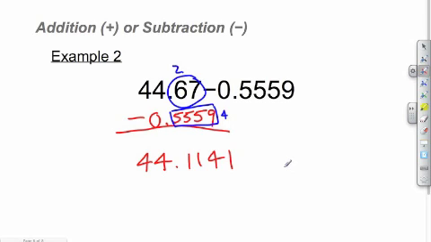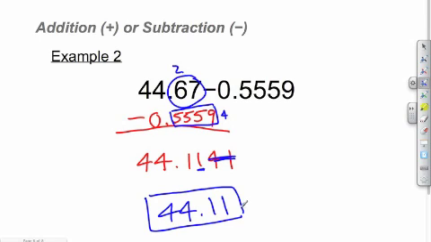Now remember, this answer can only have 2 places after the decimal according to our rule for addition and subtraction. So the second place after the decimal is right there. I look at this 4 to see if it will round to 1. It does not. So I'm going to take off these last 2 digits, and now my answer is 44.11.